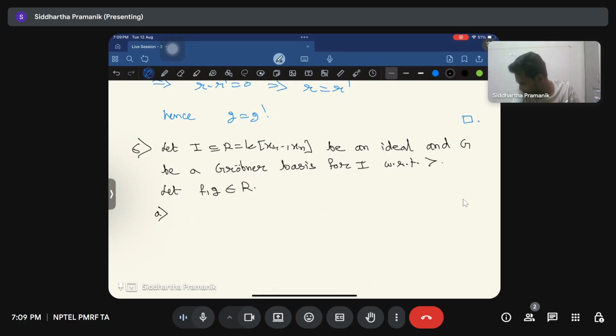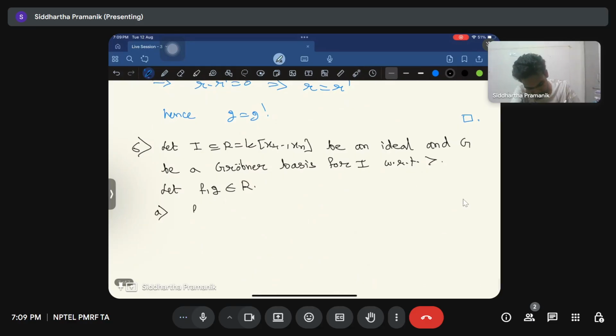So first thing is, f minus g belongs to I if and only if the remainder of f when divided by G is the same as the remainder of g when divided by the Grobner basis G.